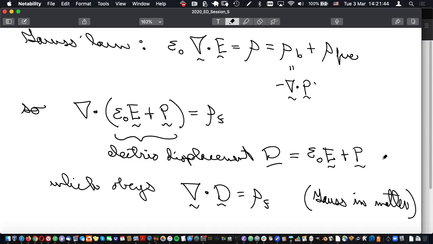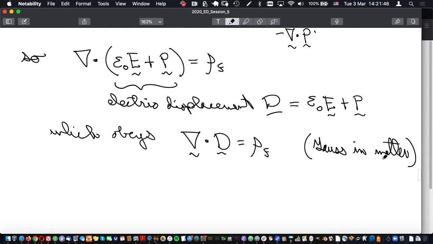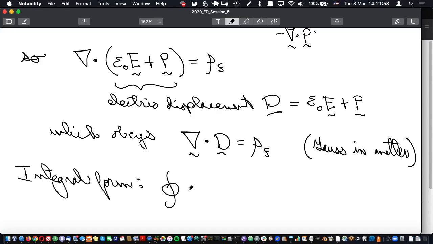Okay? You'll see there are a few subtleties associated to that. So you could also have the integral form of this, which would be that if I take a surface integral of D enclosing a certain volume, so I'm literally using the divergence theorem, then I get the total free enclosed charge.